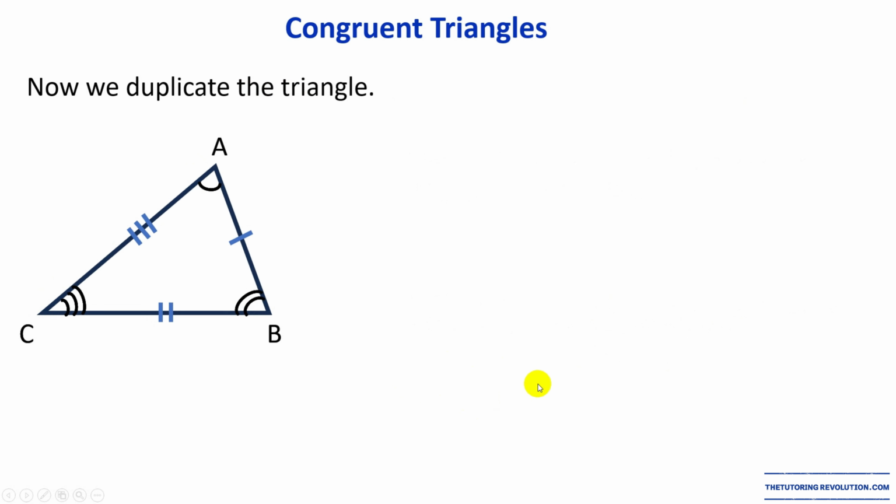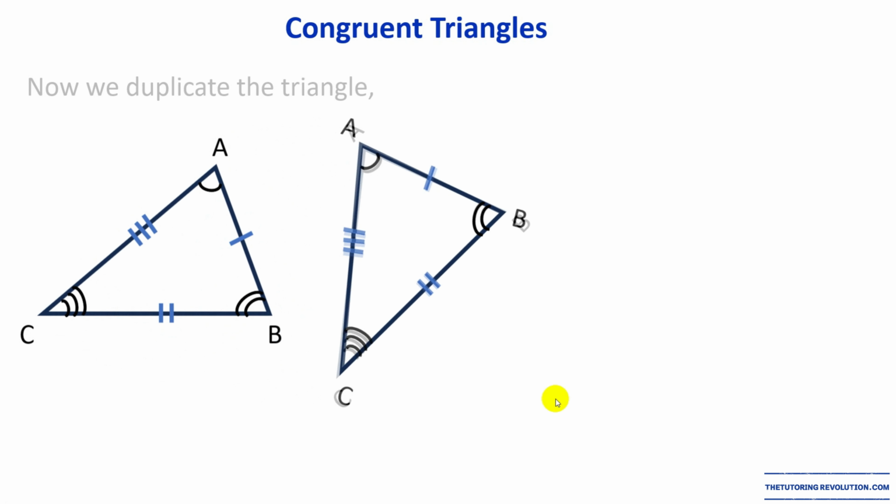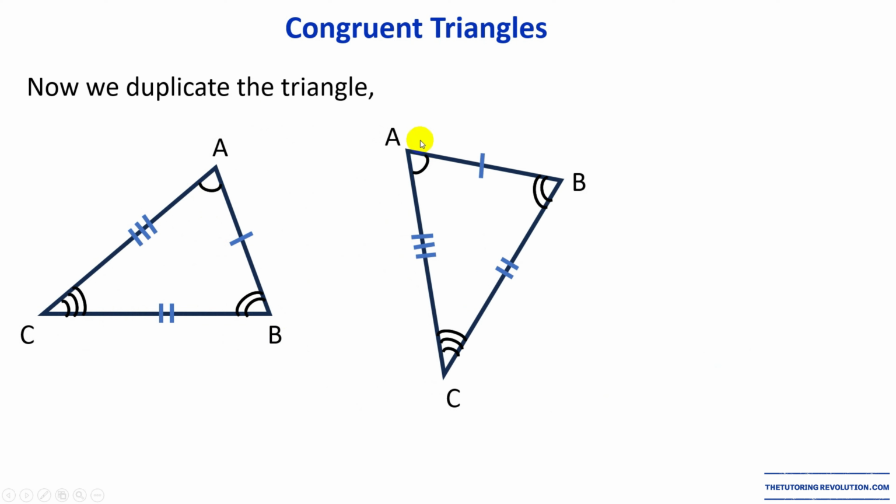Now we're going to take this triangle ABC and duplicate it, basically copy and paste. And we're going to change its orientation. Now that we duplicated this triangle, we're going to relabel the vertices.